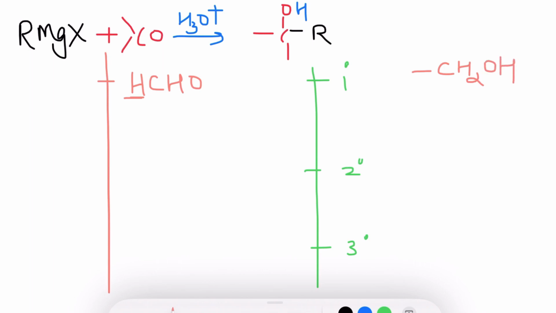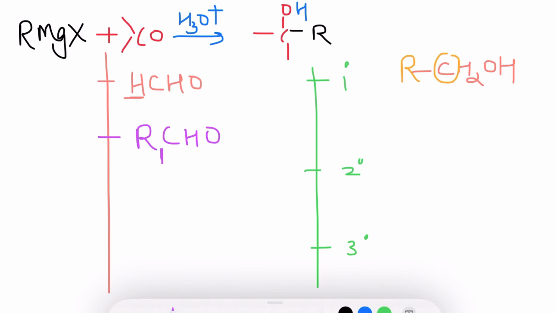This carbon is carbonyl carbon. That one is surrounded by one alkyl only, which comes from Grignard, because the aldehyde part doesn't have any alkyl part in it. Higher aldehydes undergo addition reaction with Grignard reagent. For higher aldehyde we write the symbol R1CHO, where R1 is any alkyl part.